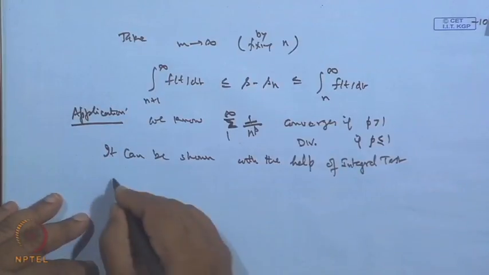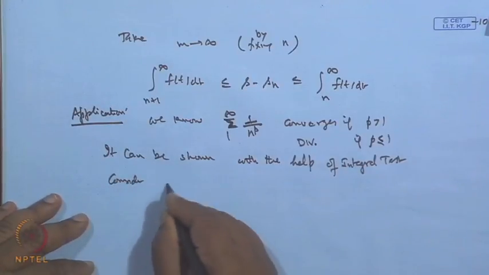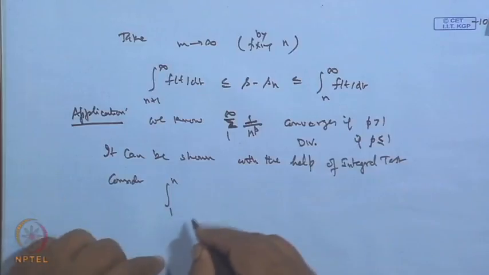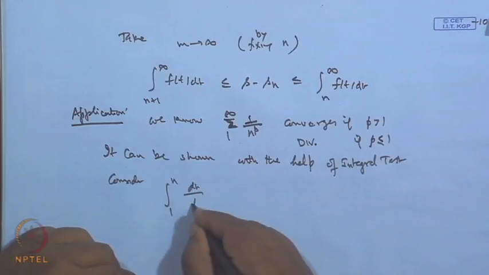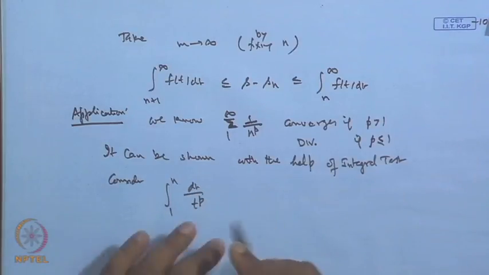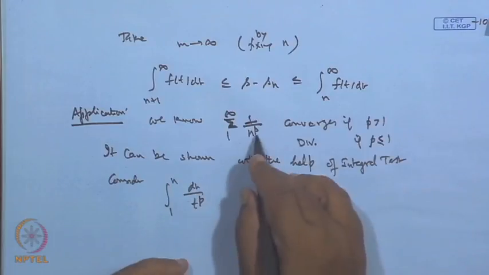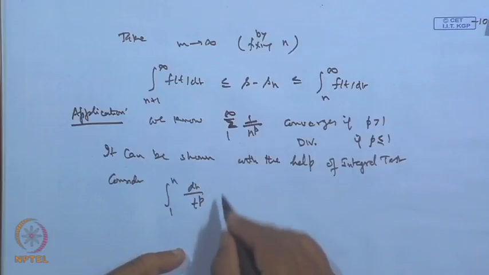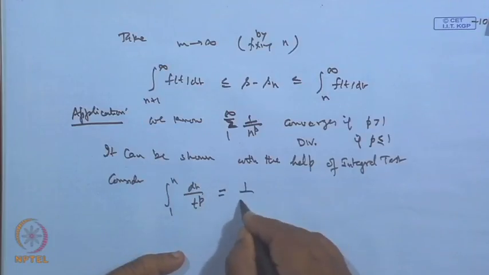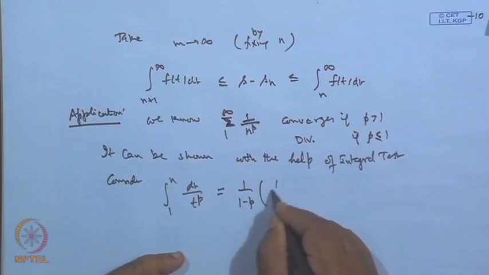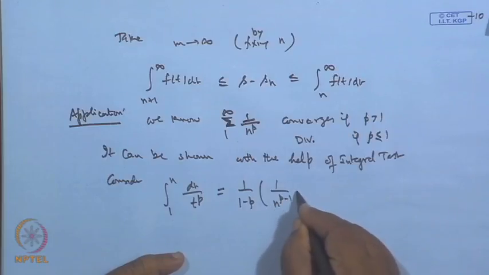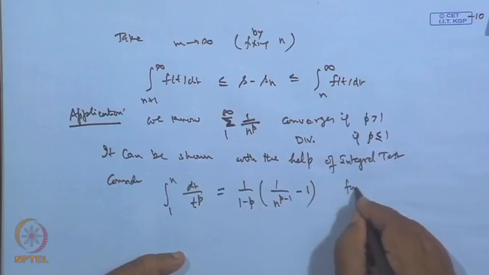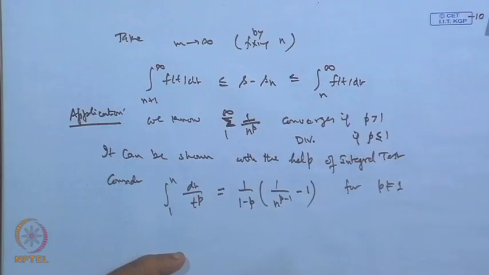Consider the integral from 1 to n of dt over t to the power p, because we want the sigma of this thing. So, f(t) is 1 by t to the power p. This gives 1 over 1 minus p times 1 over n to the power p minus 1, for p different from 1.